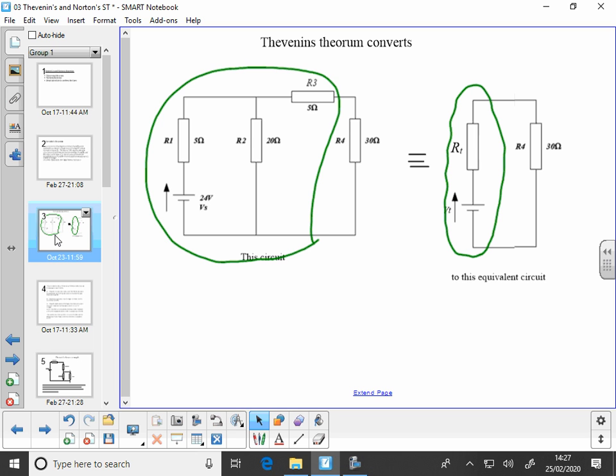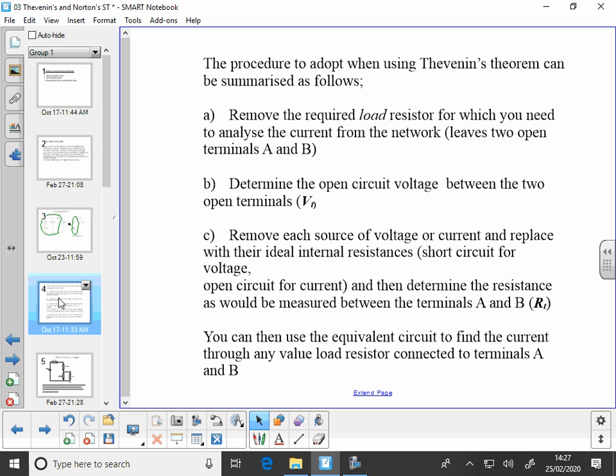Now, if we want to use Thevenin's theorem, there's a process to go through, or a procedure to adopt, summarised as follows. First, the load resistor, for which we need to analyse the current network, leads to open terminals. We usually mark them A and B, it doesn't matter.